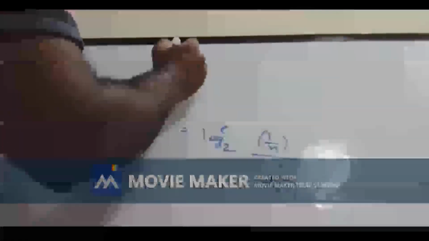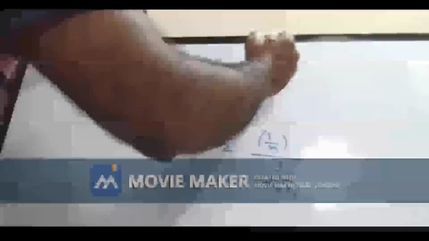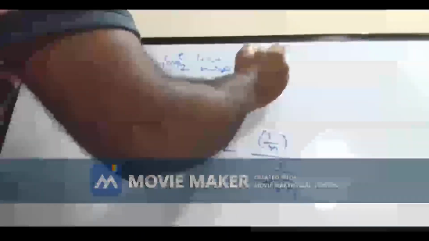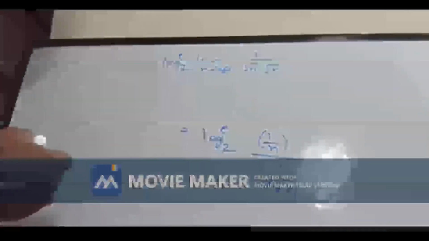I just simplify this. 1 by n can be written as square root of n into square root of n, no?